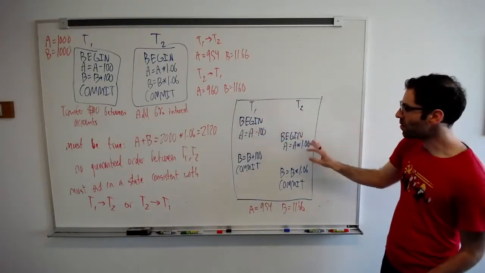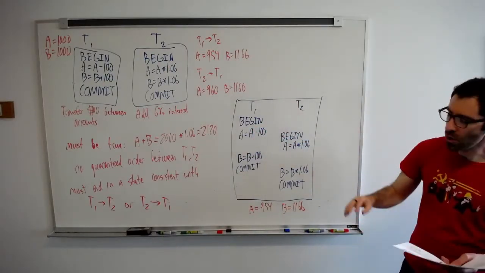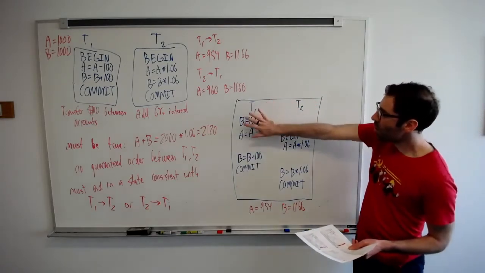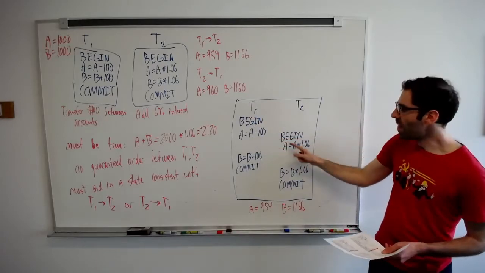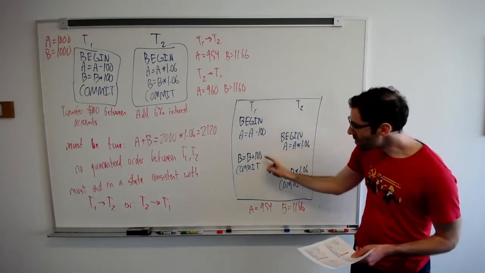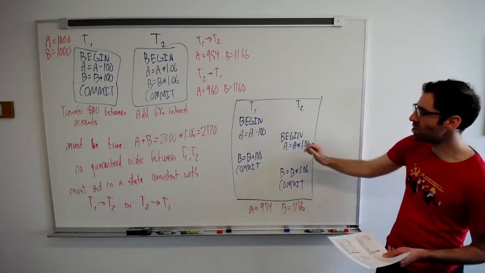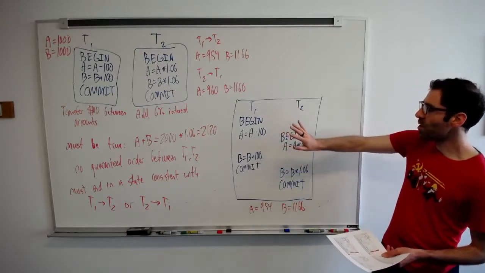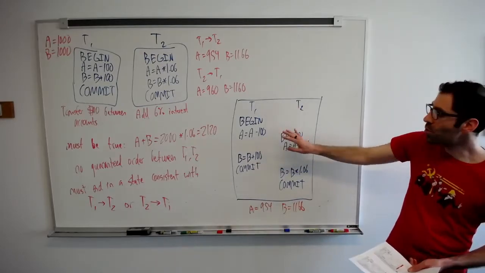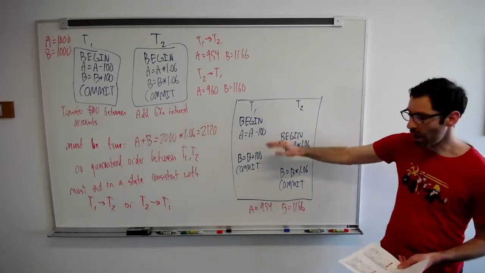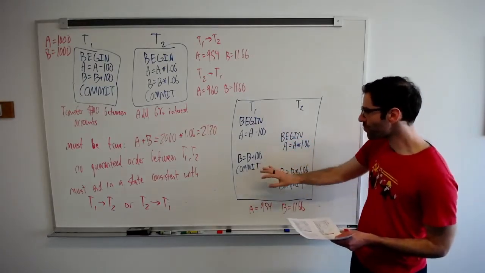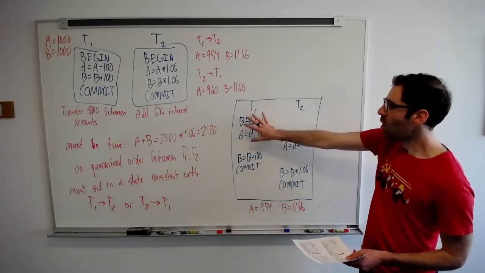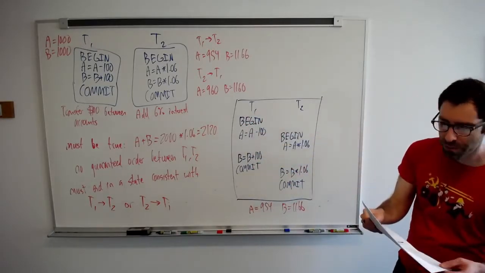We had their different parts interleave, but we can observe that T1 did things with A, and then T2 did. T1 did things with B, and then T2 did. So this is equivalent to a schedule, an ordering of our operations, as if we had done all of T1 and then all of T2.